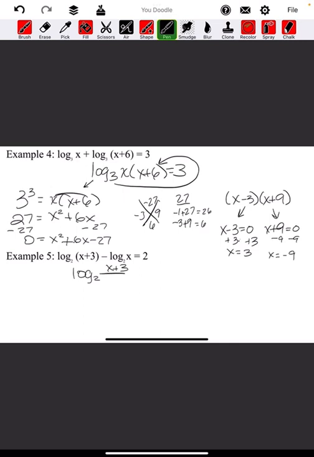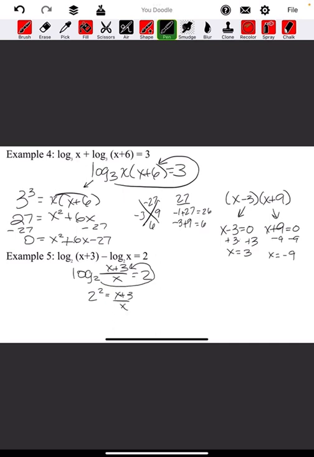Since the first sign is positive and the second sign is negative, the bigger number is going to be positive and the smaller number negative. So I get 9 and 3, and my two factors are negative 3 and positive 9.